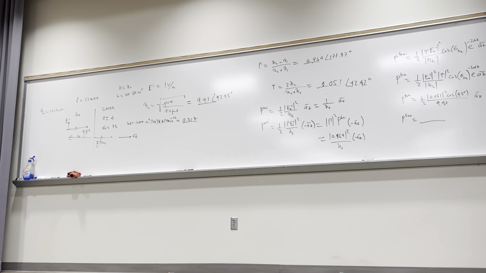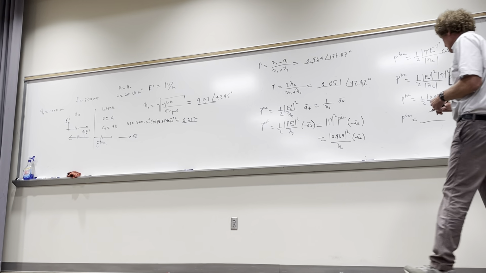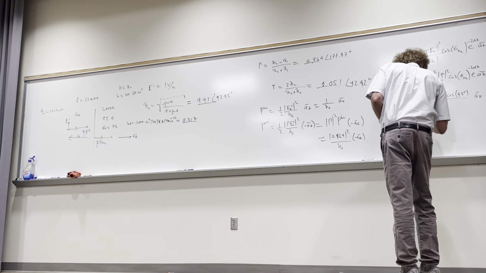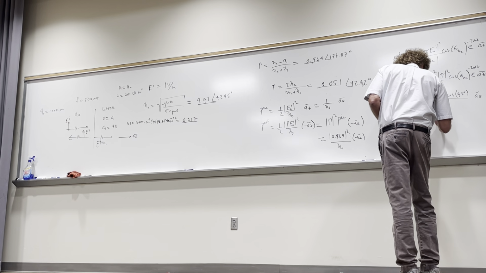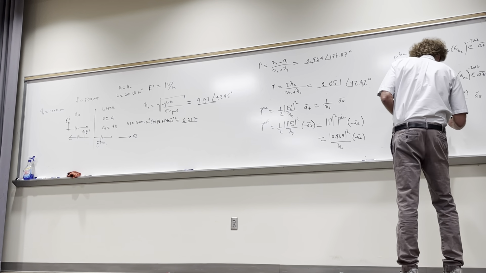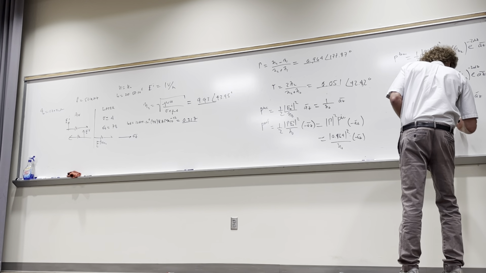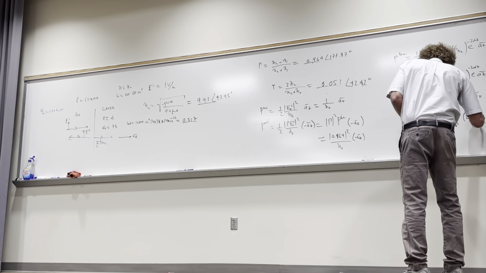Y'all follow what I'm doing on this stuff? Make sure you do. It's not hard to see. 96 times 10 to the minus 6. Technically, this would be watts per meter squared, a_z.